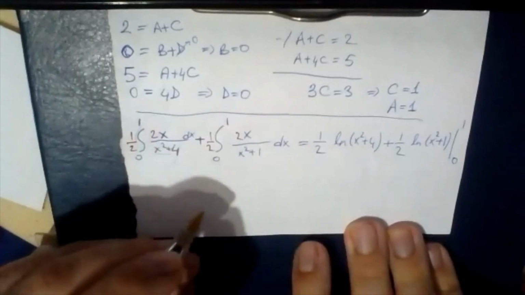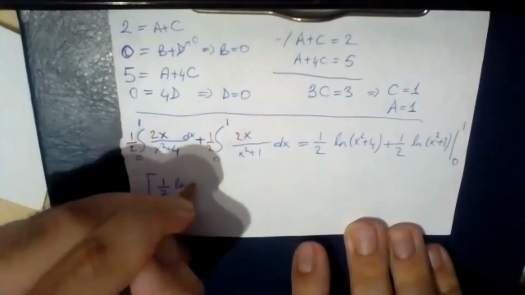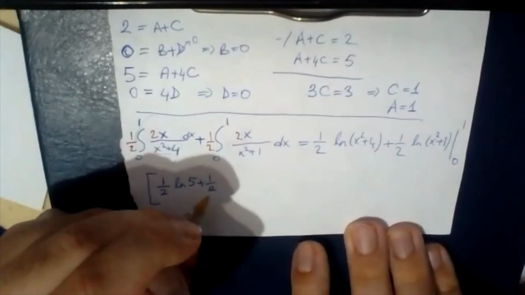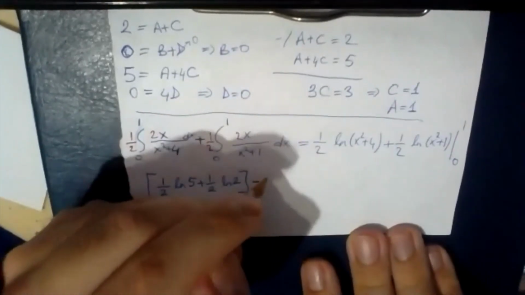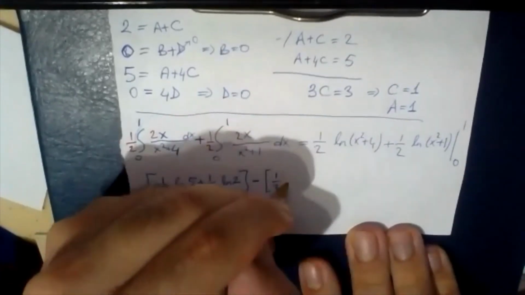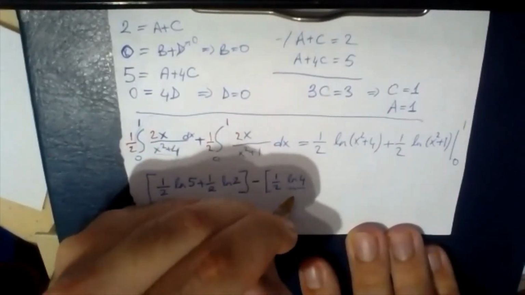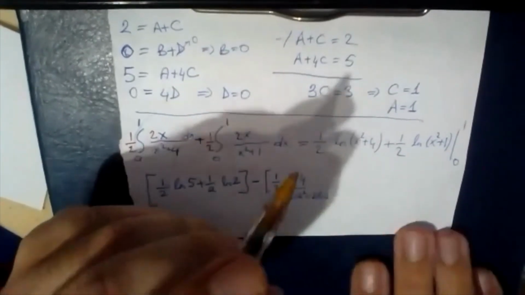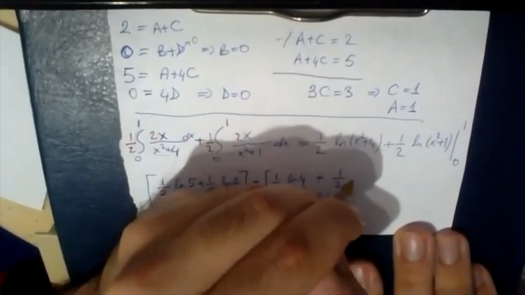When we evaluate at x is equal to 1, we will have 1 over 2 times ln 5 plus 1 over 2 times ln 2, minus 1 over 2 times, when we let x is equal to 0, it will be ln 4. ln 4 is equal to ln 2 squared, which is equal to 2 ln 2, plus 1 over 2 times ln 1.